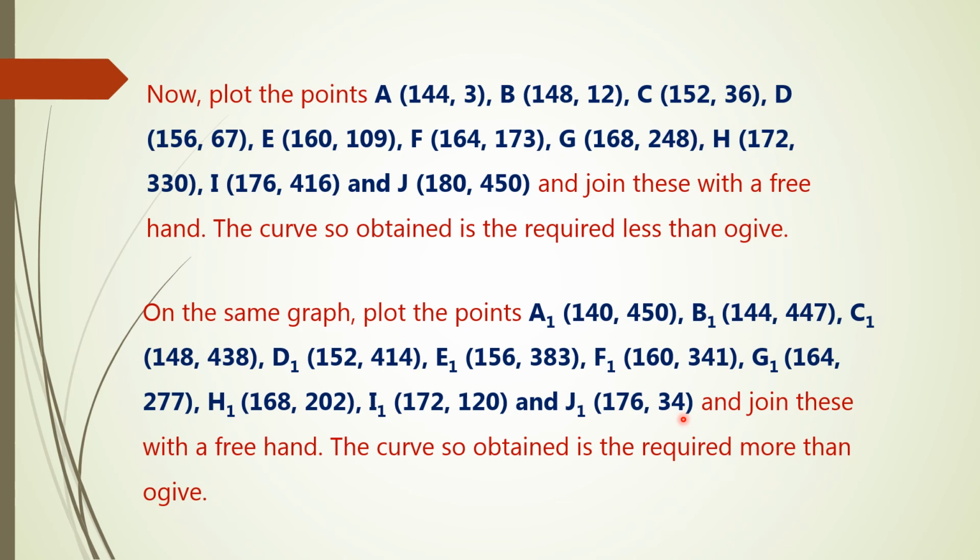Therefore, by using lower limits and the respective greater than cumulative frequencies, we can form these points from the table. Now we have to plot these points on the same graph and join them with a freehand. We will get a curve. The curve so obtained will be the more than ogive.